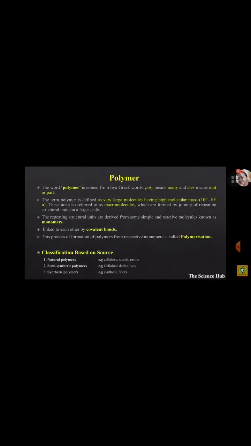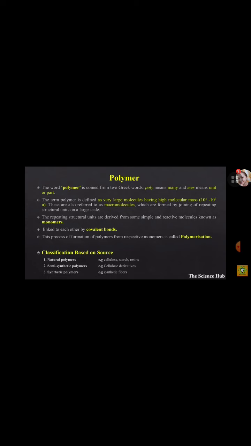Then, polymer. The word polymer is coined from two Greek words, that is poly and mer. Poly means many and mer means unit or part. The term polymer is defined as very large molecules having high molecular mass. These are also referred to as macromolecules, which are formed by joining of repeating structural units on a larger scale.